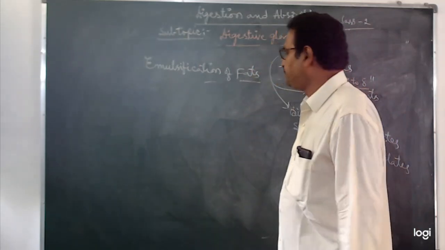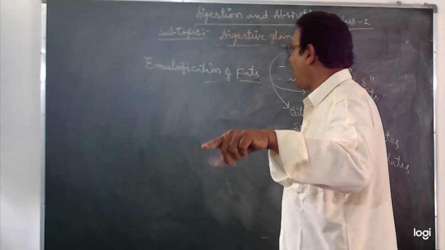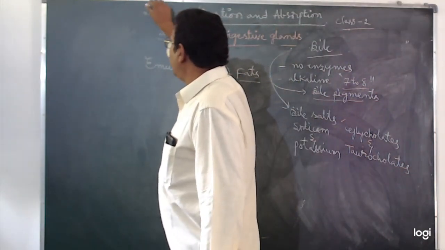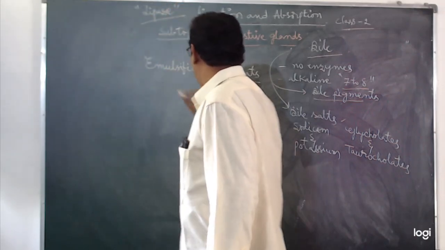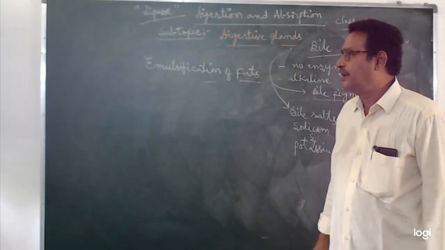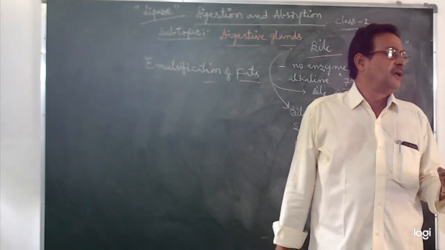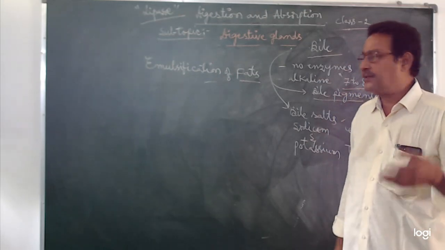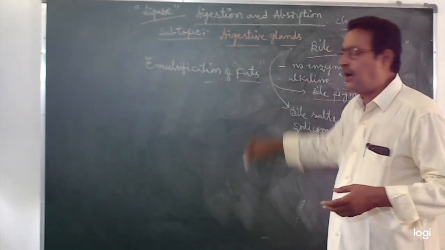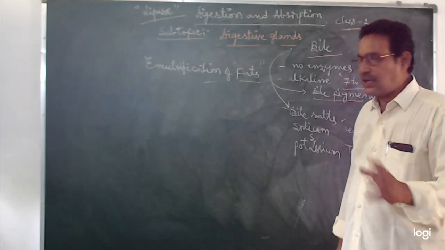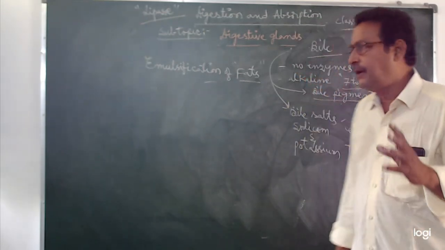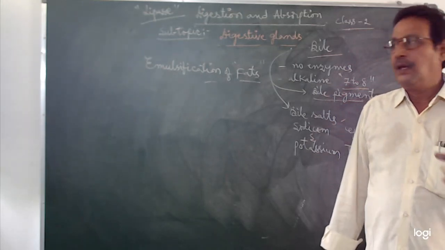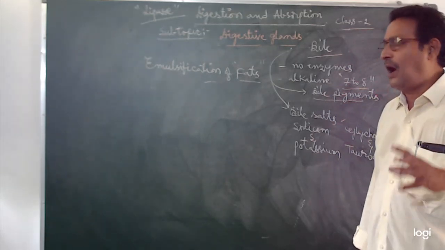The enzyme which can act on fats is called lipase. Lipase will not be able to act on fats directly because they are in the form of larger molecules. So first of all, these large fat molecules are to be converted into smaller ones, or micelles.